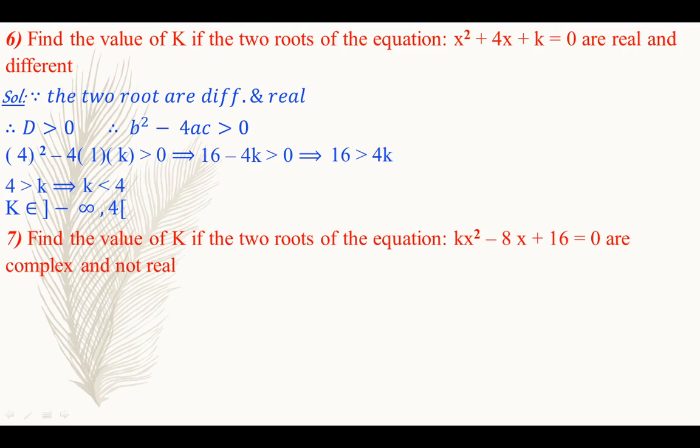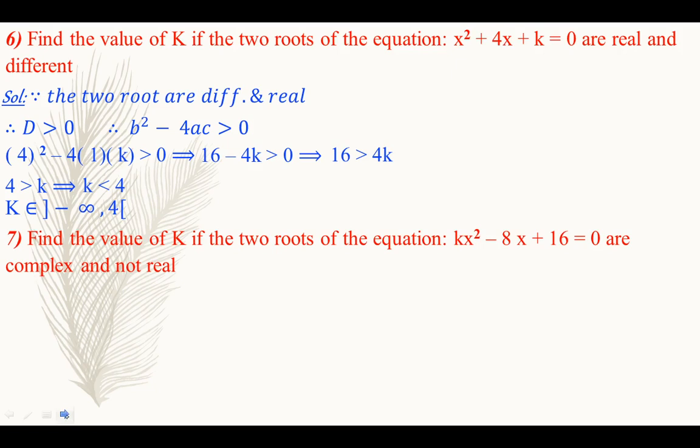Okay? Since the roots of the quadratic equation are complex and not real, this means the discriminant is negative. Okay? How can we write the discriminant is a negative number? So the discriminant is a number smaller than 0.